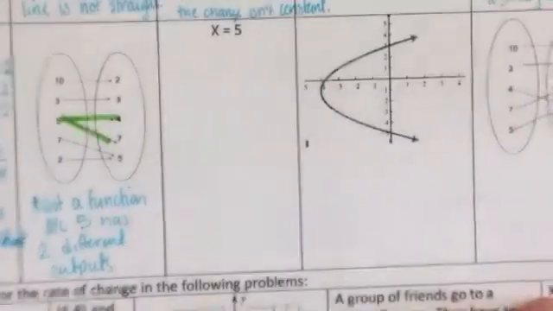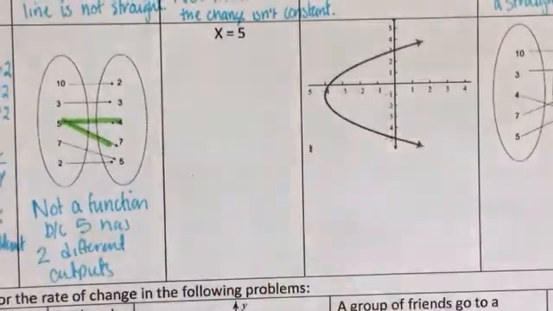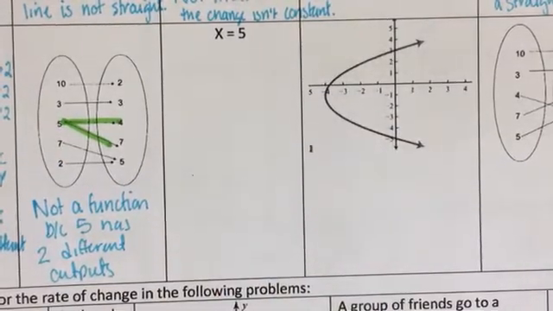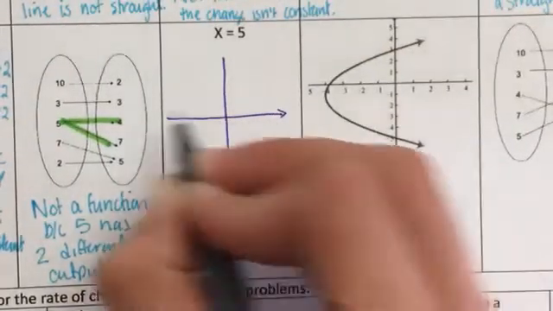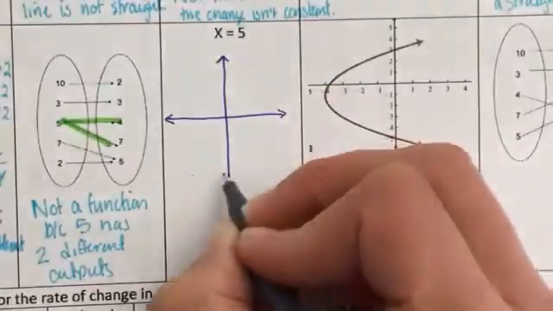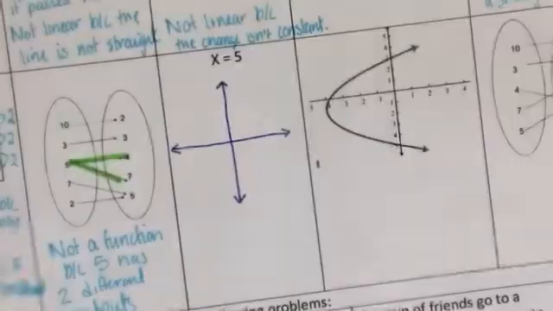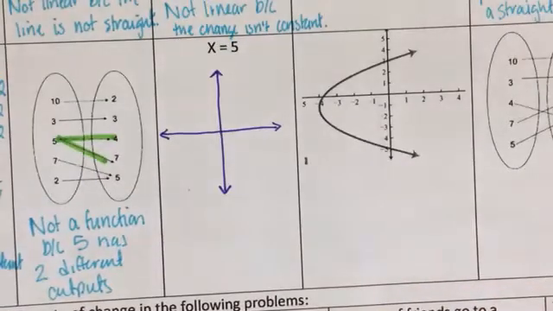Okay. So this one right here, I want you guys to envision, we just talked about these yesterday, I believe. Does anyone know what this graph looks like? X equals 5. No. Okay.